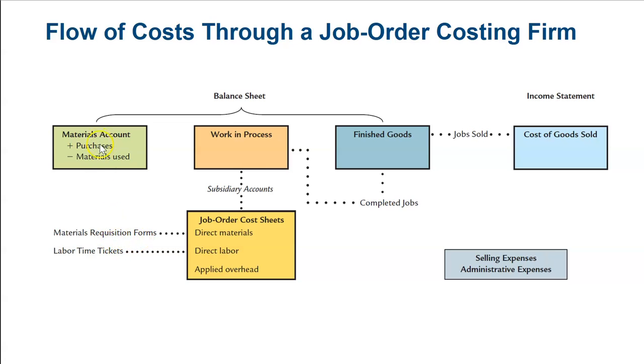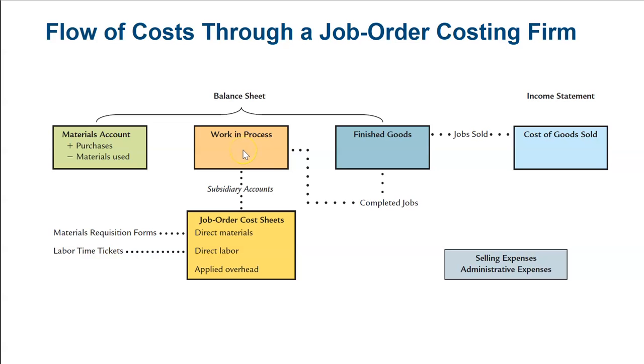Okay, so we have materials. We request the materials to become part of production. They flow into work in process. The same thing is true for the labor time tickets. This direct labor cost flows into work in process.